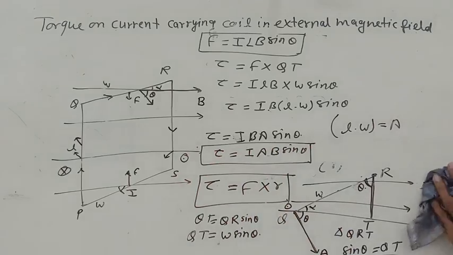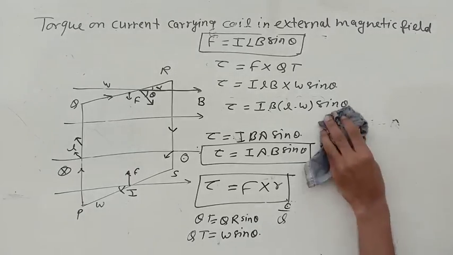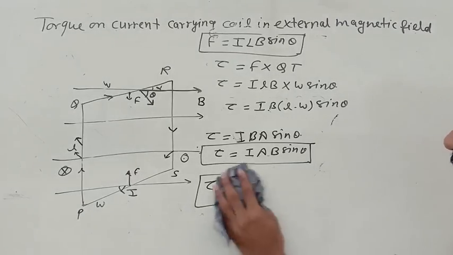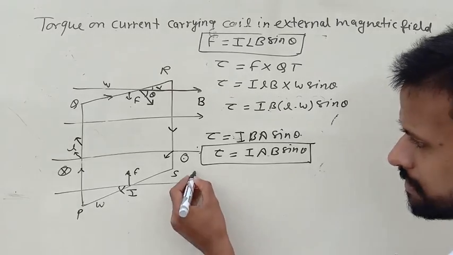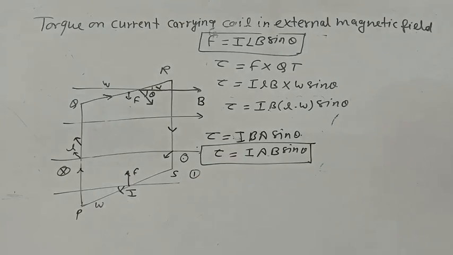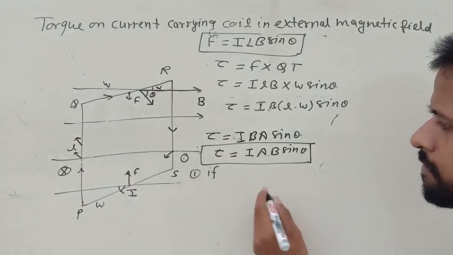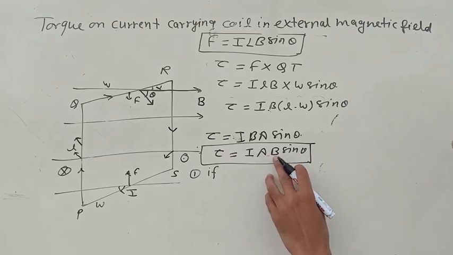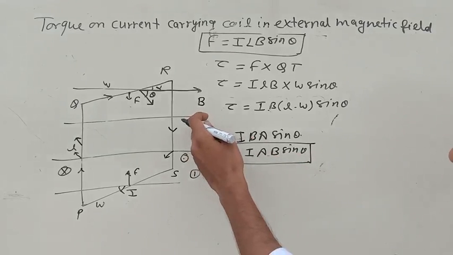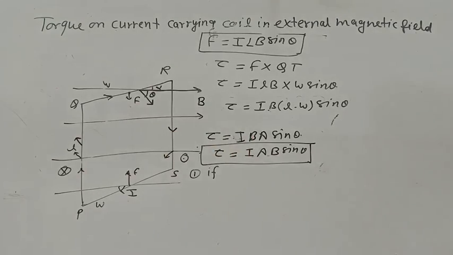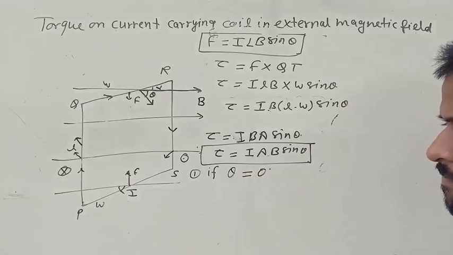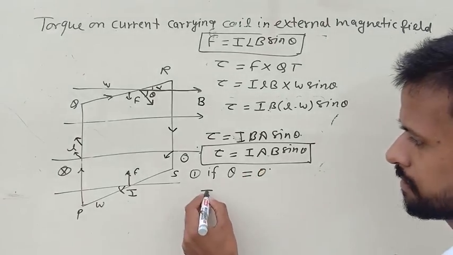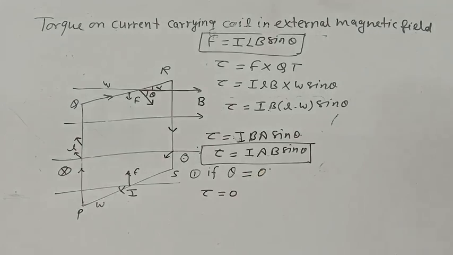Okay. So now when torque is maximum and when torque is minimum? We know in case of sine, the minimum value of sine is 0. So now if theta is the angle between A and B, that is between the magnetic field and area vector, and theta is equal to 0 degree, then torque is equal to 0.